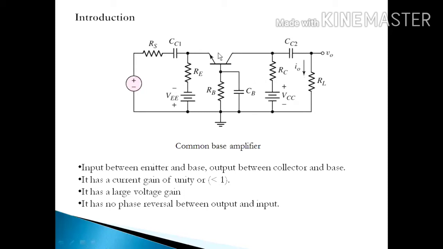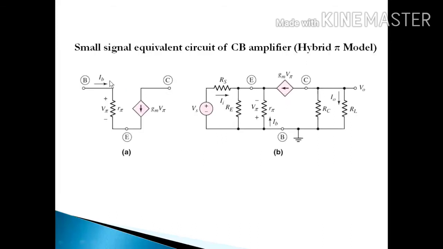And finally, we have to replace this BJT transistor with the hybrid pi model. Now, this is a small signal equivalent circuit of your CB amplifier. The transistor will be replaced with the hybrid pi model, and then by removing all the DC sources and coupling capacitance, we made the circuit in terms of simplified CB amplifier.